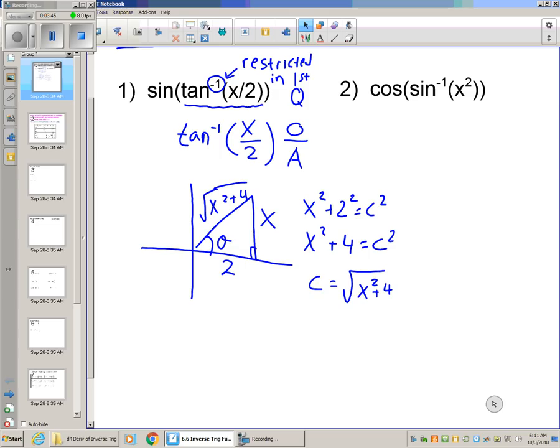Now we have the side ratios of this right triangle, with opposite x and adjacent 2, so I have the angle measurement. Now I want to know what the sine of that angle measurement is equivalent to. I did my tan inverse to figure out what that angle measurement is, and now I'm taking the sine of that, doing the outer function. If you think of sine, it's going to be opposite over hypotenuse.